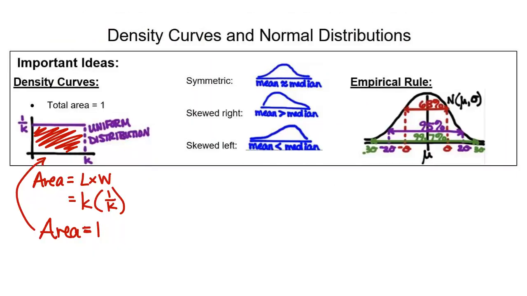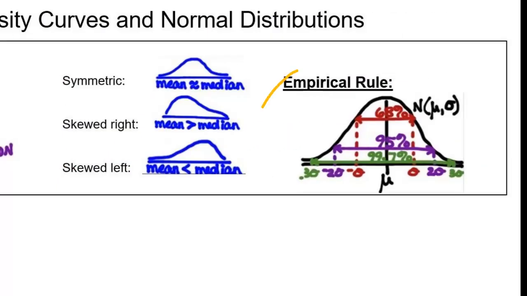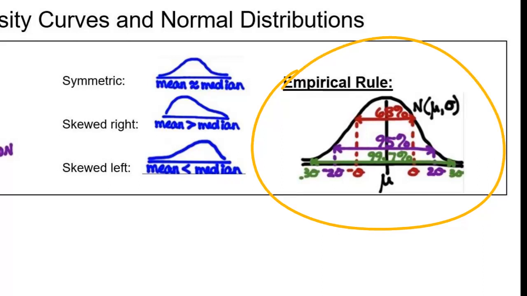And if you flip your paper over on the back, that's what I have drawn right here. 68, 95, 99.7. 99.7% is 3 standard deviations away on either side from the mean. It captures almost 100%, just a little bit shy. We got 0.3% spread between these two tails. So 0.15% and 0.15% over here.